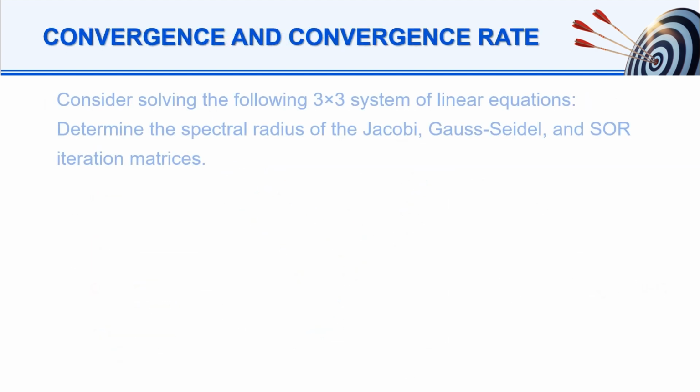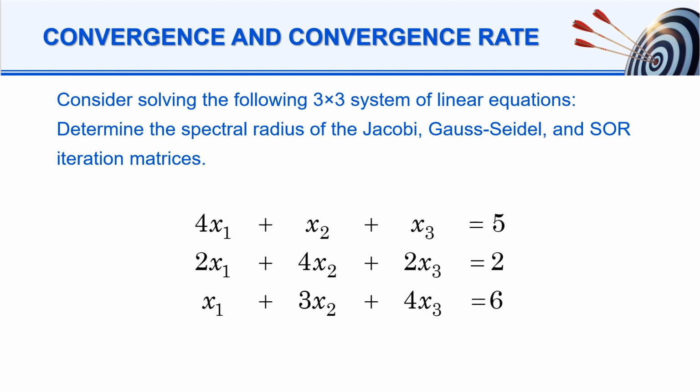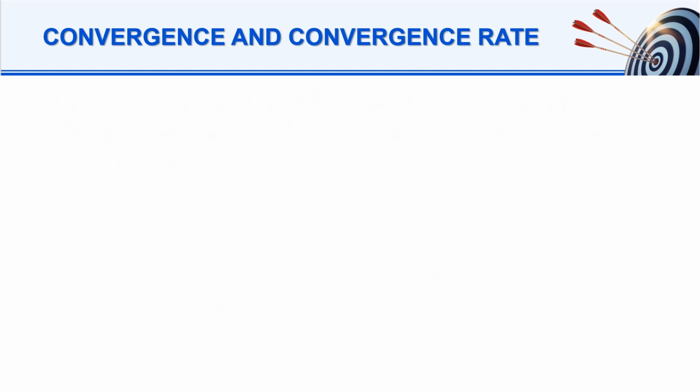Consider solving the following 3x3 system of linear equations. Using the theoretical analysis, we will determine the spectral radius and convergence rates of the Jacobi, Gauss-Seidel, and SOR iteration matrices. First, we will split the coefficient matrix as follows.